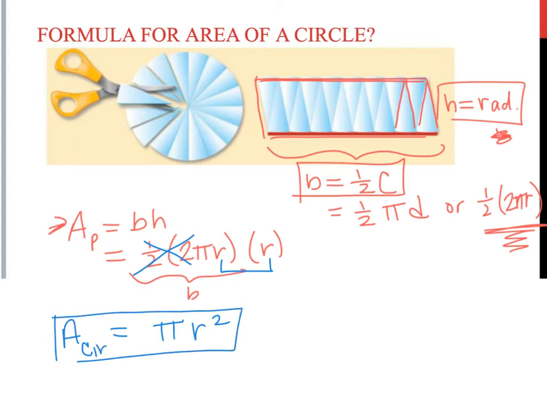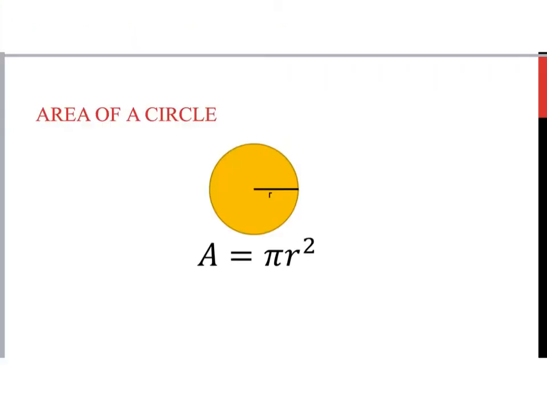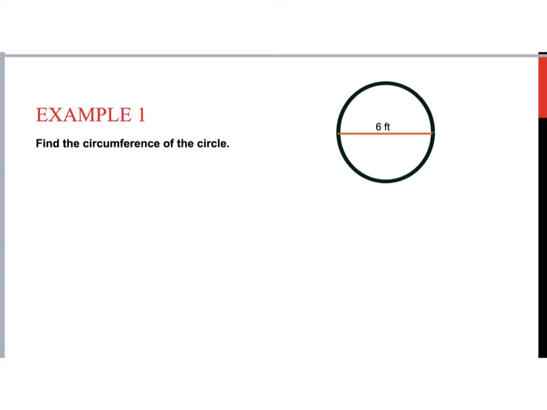The true definition for the area of a circle is pi r squared, and I showed you how we came up with that. You don't have to memorize that, but I just wanted to give you a little bit of background information. So here again, you're going to take pi, which you can pull right off your calculator, or you can use 3.14 if it says, and multiply it by the radius raised to the second power.